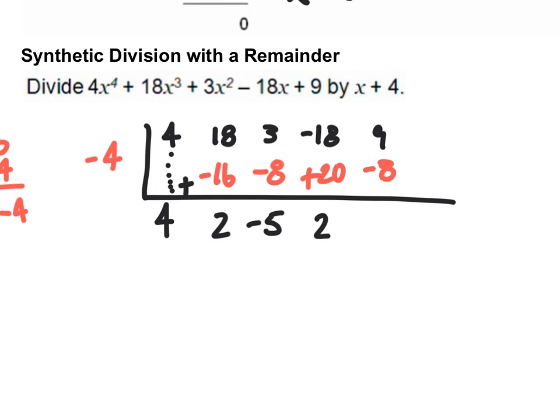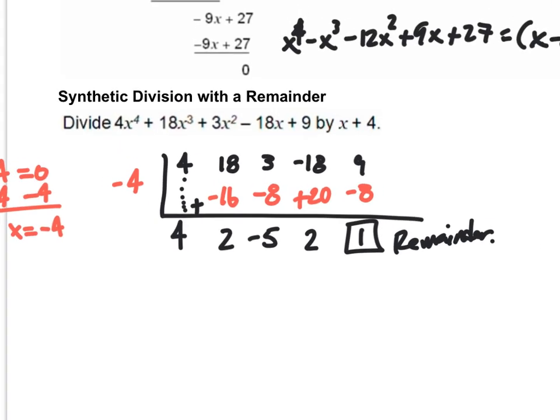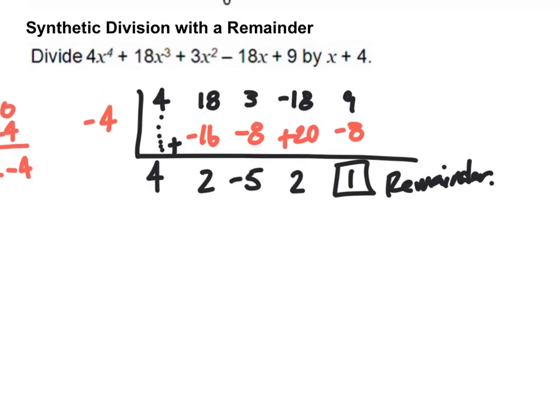And so we end up getting a remainder here. If I take 9 plus negative 8, that gives me 1, and this is my remainder. Now let's remember what we're doing here. We're trying to divide this polynomial by this factor.